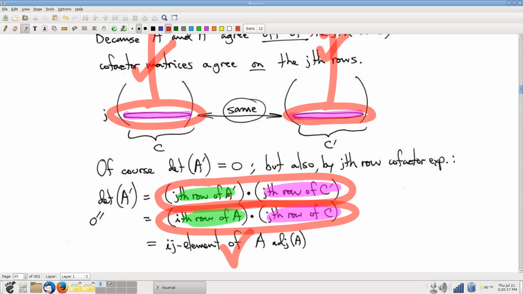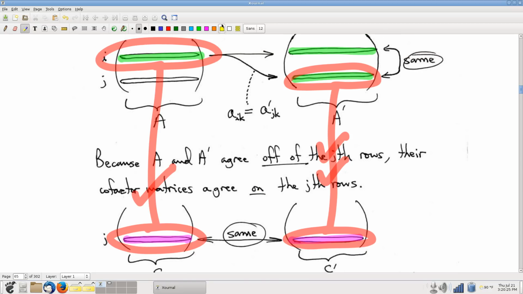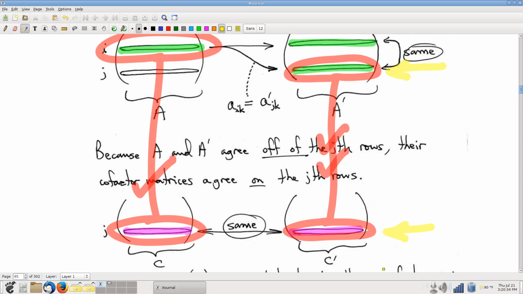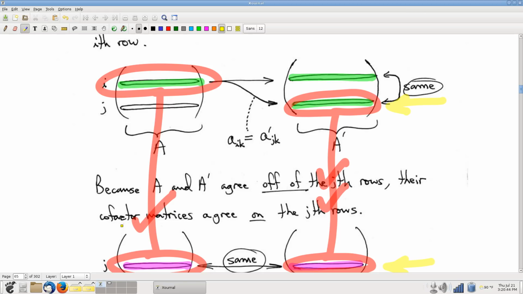Well, the reason that matters is because you'll notice here we have a dot product of the jth row of a matrix and its corresponding row of its cofactor matrix. So that is exactly the determinant of the A prime matrix. Okay. So what? Well, last observation, wonderfully convenient fact: this A prime matrix has two rows that are identical.